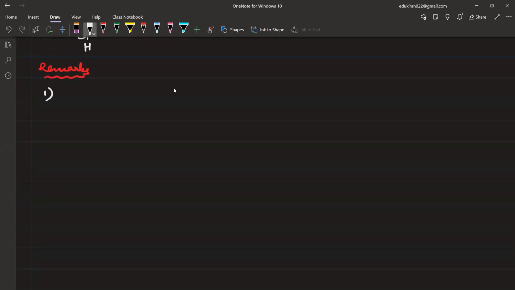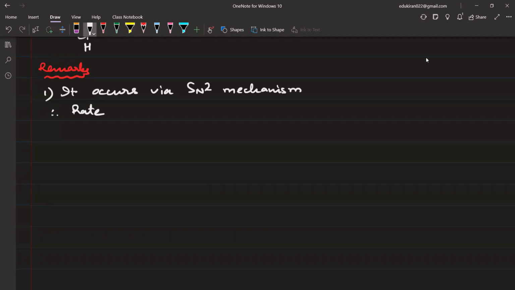Number 1, it occurs via SN2 mechanism. Therefore, rate of reaction: if I talk about how fast a reaction will go, then methyl alcohol is fastest, then 1 degree, then 2 degree, and then 3 degree.